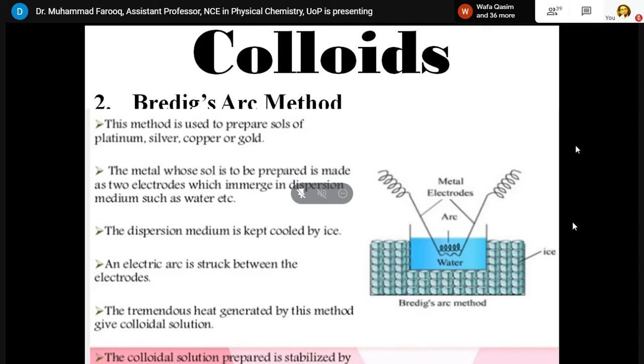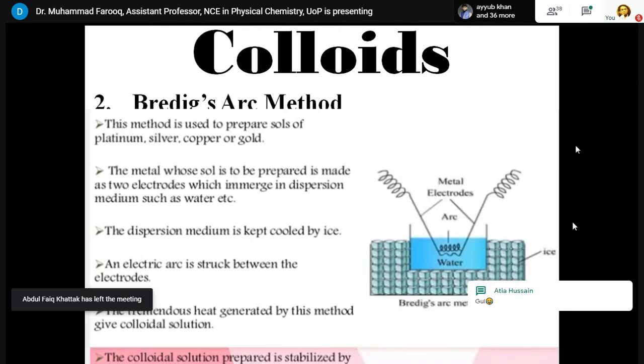When heat is generated, some of the metal will automatically leach out from the electrode into the water, so a colloidal solution will form. The colloidal solution prepared is stabilized by adding a small amount of KOH into it. Are you getting that?